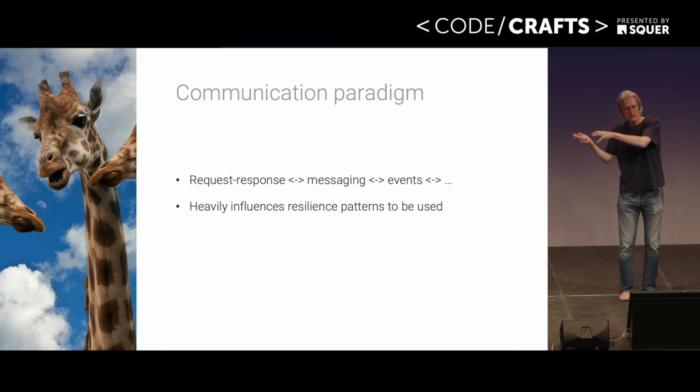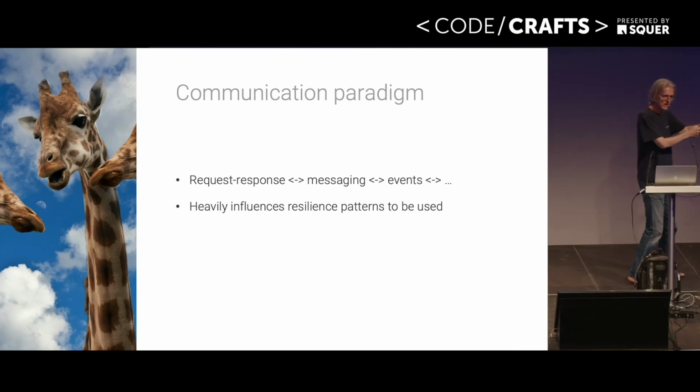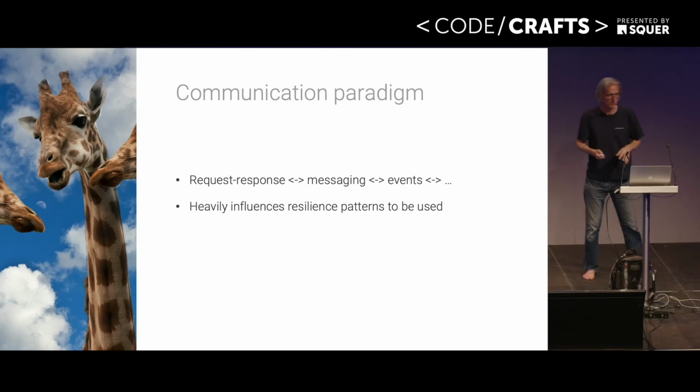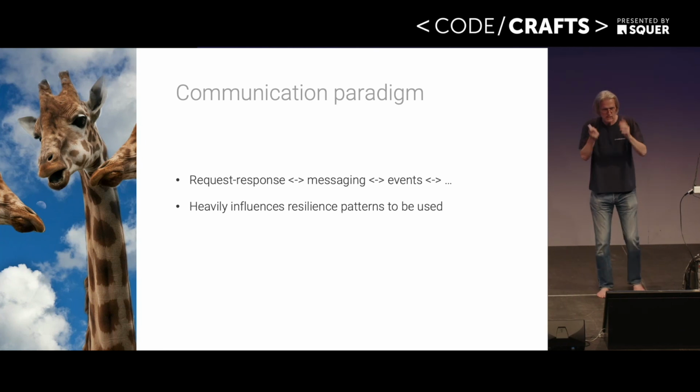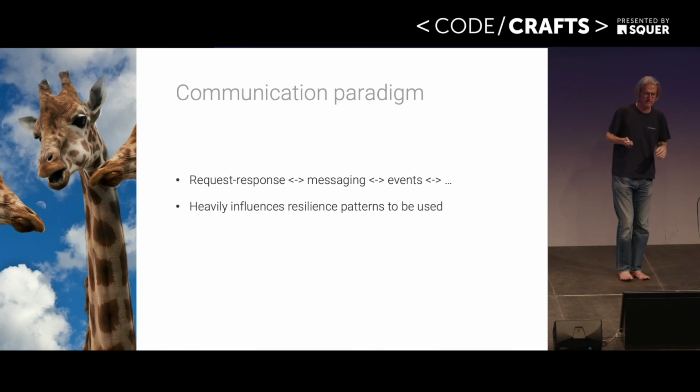Timeout management or timeout control in an event-driven system is a lot different than timeout control in synchronous request-response, and so on. So it's quite different. And maybe we won't look for timeouts in an event-driven system so much, but more at eventual completion of the flow or something like that.